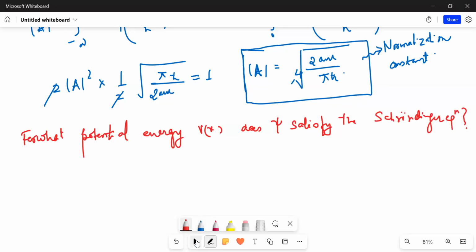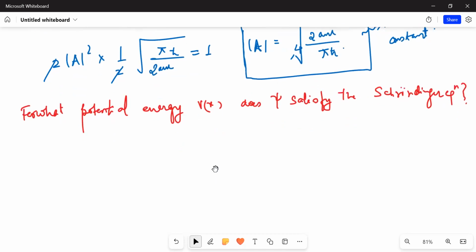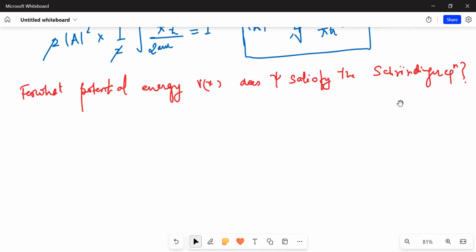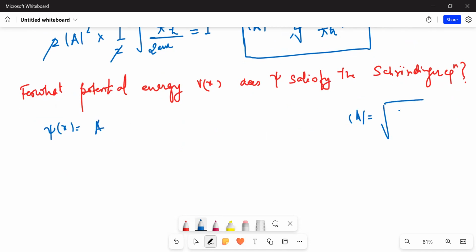So we want to find what potential is that for which we are going to see that this psi satisfies this particular Schrodinger equation. Our psi, as you are aware, is psi of x equals, with A already found, modulus of A equal to power 1/4 of 2am upon pi h-bar. This is something that we already know.